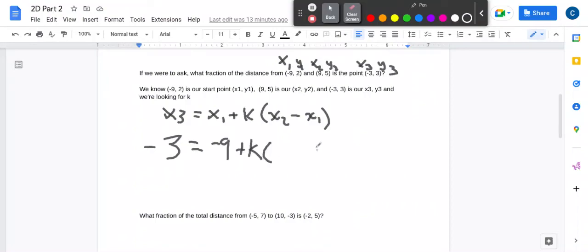We don't know our k. x2 is 9. x1 is -9, so 9 minus -9. All right, so we simplify this out. So -3 equals -9 plus 9 minus -9 is equal to 18. 18 times k is 18k. So -3 equals -9 plus 18k.